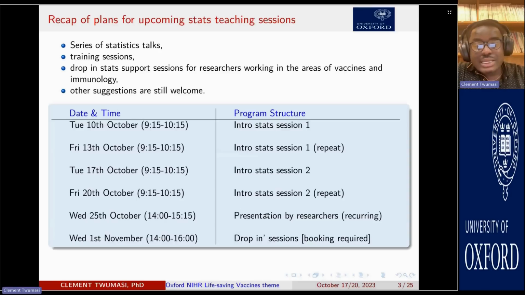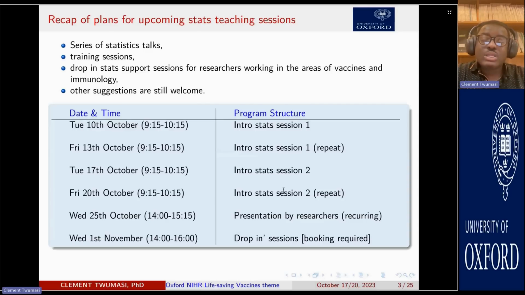For future sessions, we are planning to have an interactive session where a researcher or group of researchers will present the statistics bit of their work and get feedback, not just from me but also from the team, in the case of brainstorming.